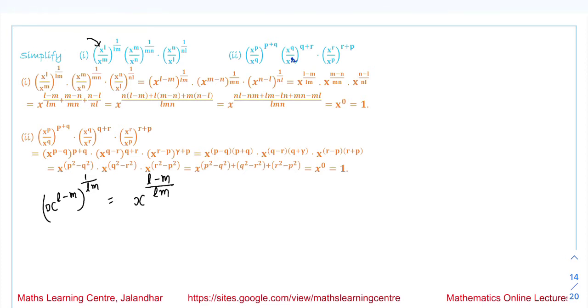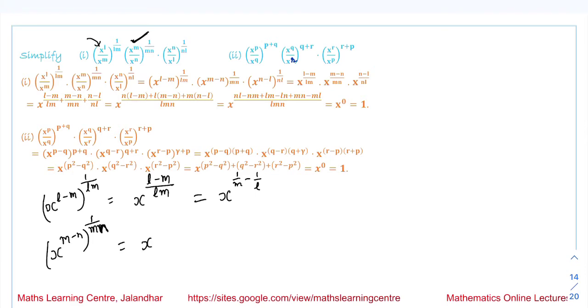If I separate the denominator, it will become x raised to the power 1 by m minus 1 by l. When we look at the second term in the bracket, it is x raised to the power m minus n, raised to the power 1 by mn.